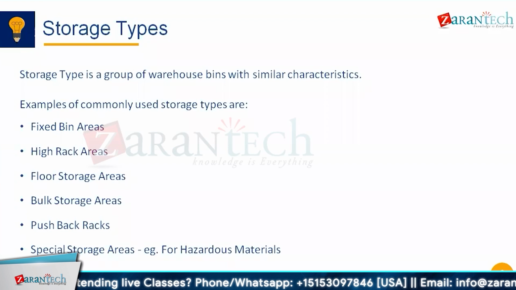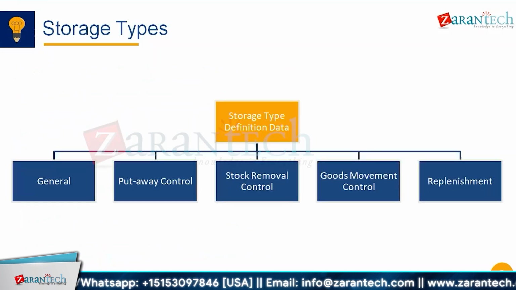So I was about to mention that while we are configuring this storage type, we will see some of the important indicators in the system. I will explain these indicators. Basically, the storage type configuration is divided into several sections. There are settings for put away, settings for stock removal, settings for goods movement, replenishment.